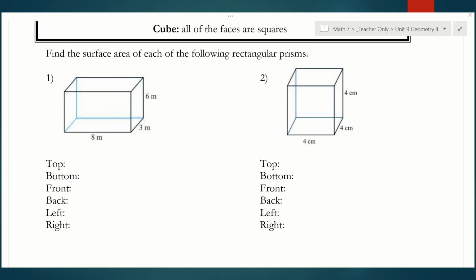Any rectangular prism is going to have 6 sides: a top, a bottom, a front, a back, a left and a right. The good news is any sides that are opposite, meaning the top and bottom, the left and the right, the front and the back, will always have the same area. So really you're finding the area of 3 sides and then just doubling it, which is kind of nice.